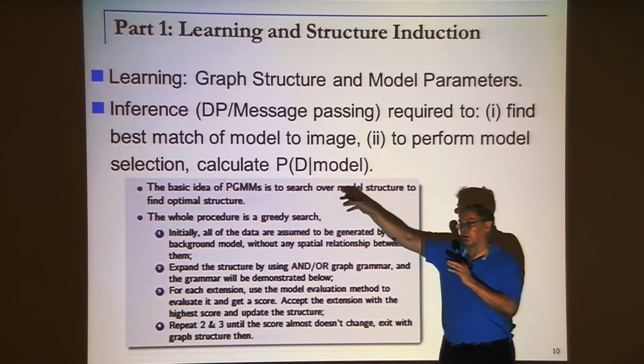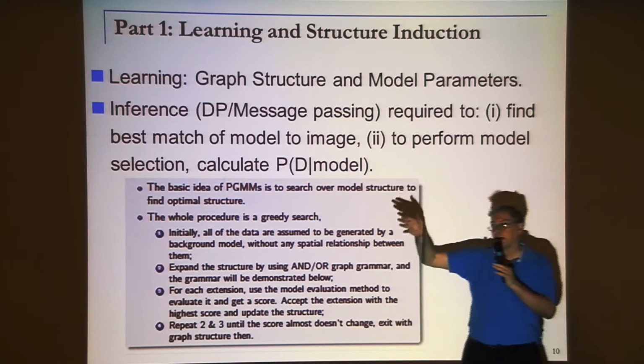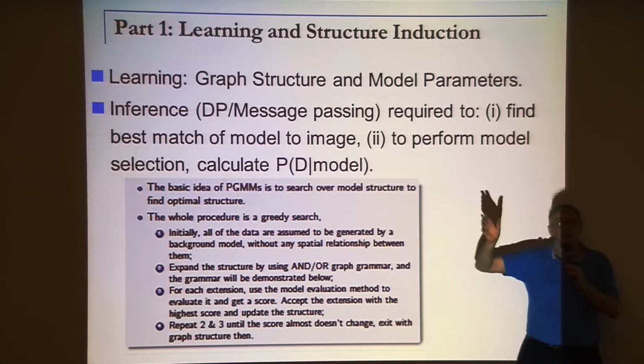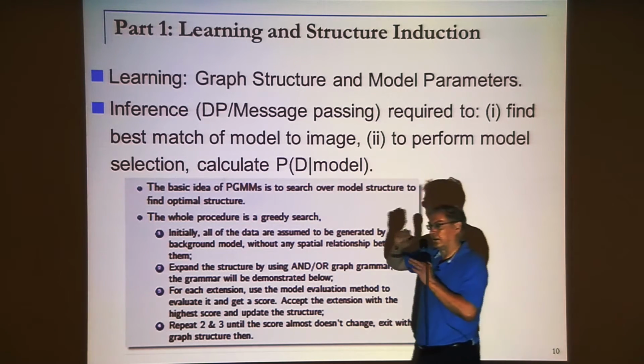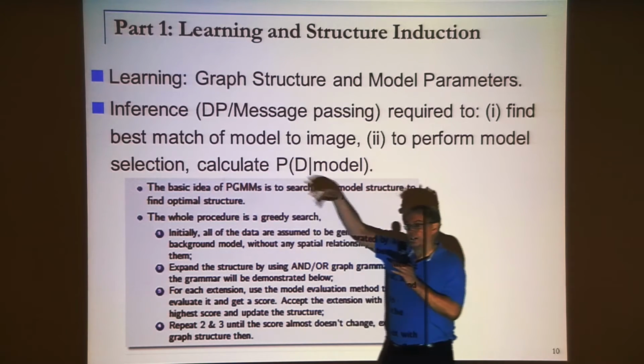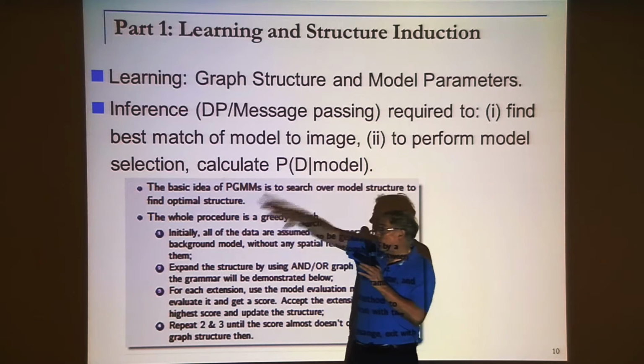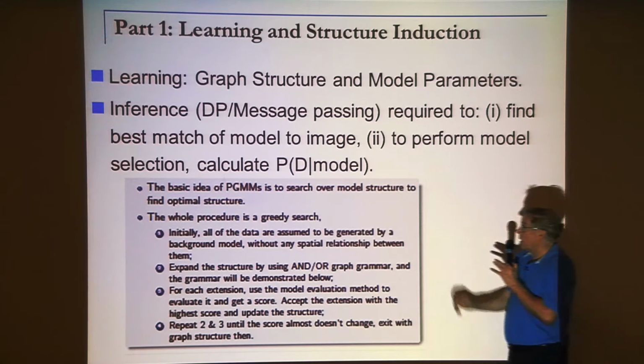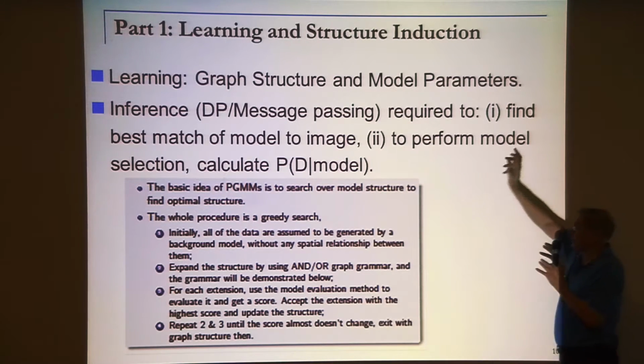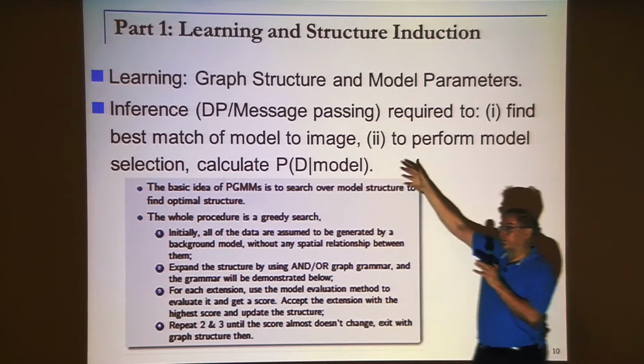And for these types of models, you can use dynamic programming, message passing, or any other inference algorithm to do that. So when you're doing the learning, you have to have within it an algorithm which can map the model onto the image. Okay, so you have to do one thing to find the best place in the image. The other thing is you have to do model selection.